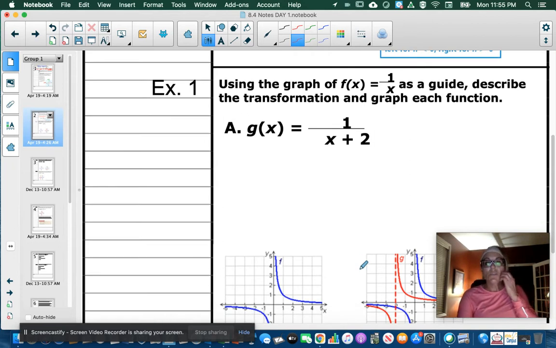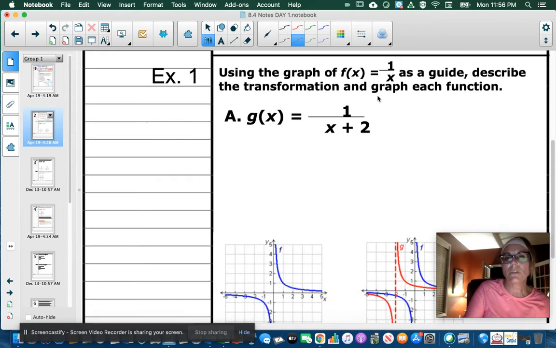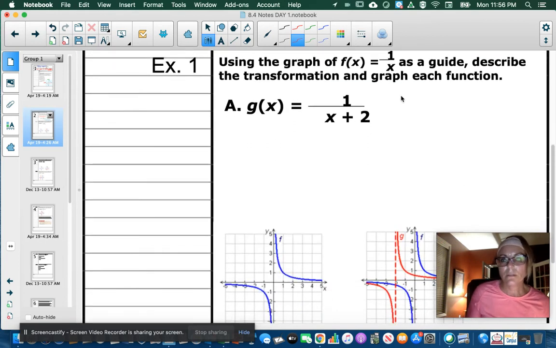Example 1: using the graph of f of x equals 1 over x as a guide, describe the transformation and graph each function. So the parent function is 1 over x. F of x equals a over x minus h plus k.